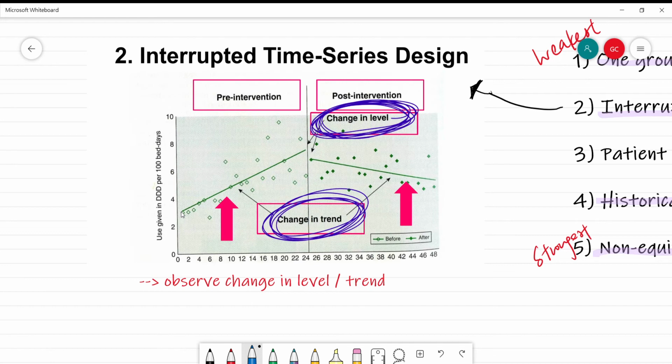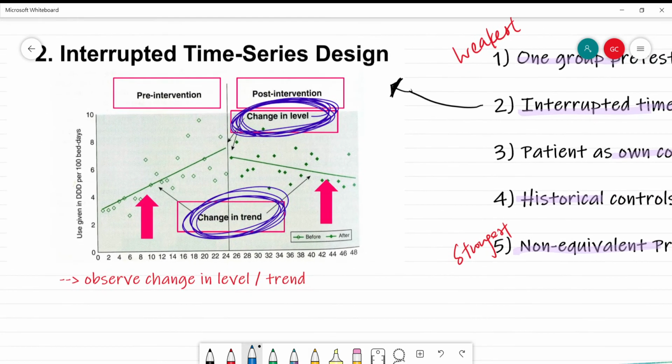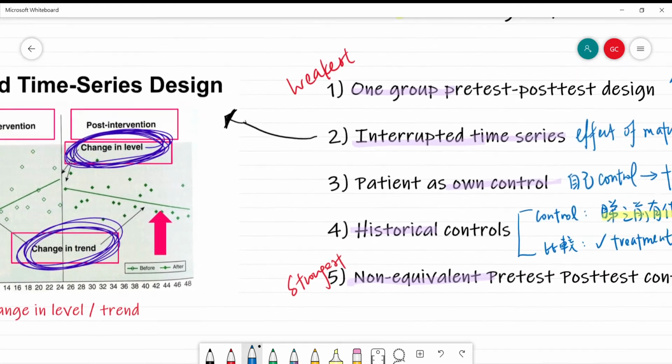This is a best fit line of all the statistical data, and as you can see, the trend changes before and after the treatment. So you can observe the change in level and trend in a time series design.